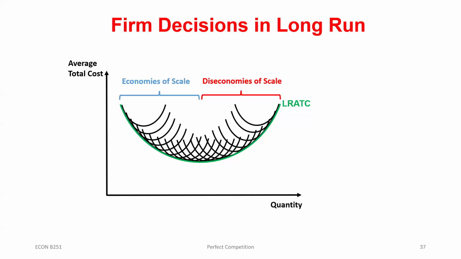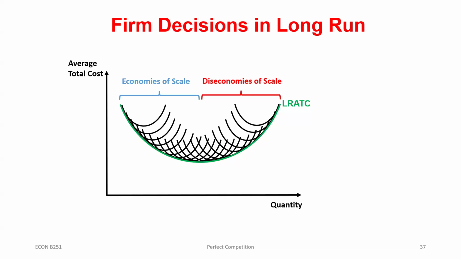So in this second scenario, my price has really stayed the same, right? If price is above my new average total cost, what's true about profits now for the firm? They're positive.